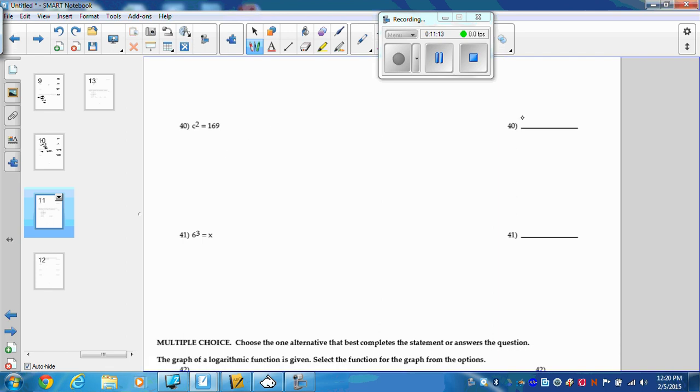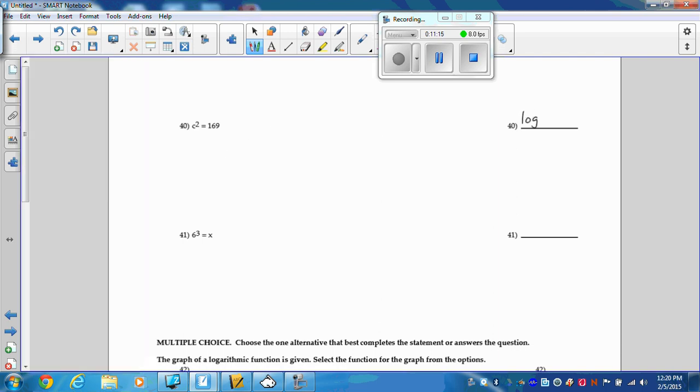This is going to be log base C of 169 equals 2. In number 41, this is the base. This is the answer. This is what I take the log of. So this would be log base 6 of x equals 3.